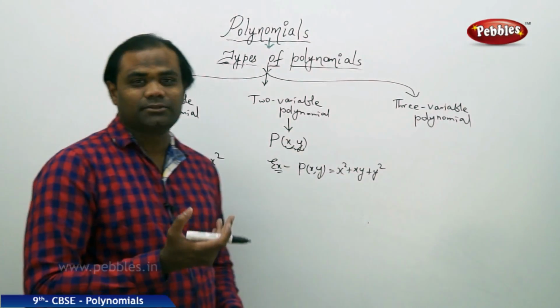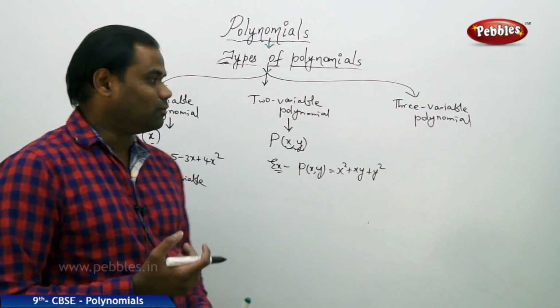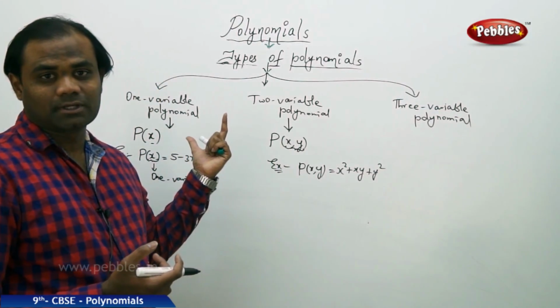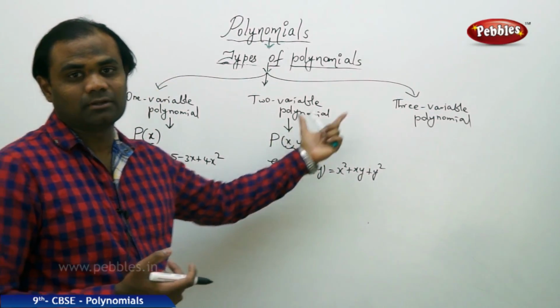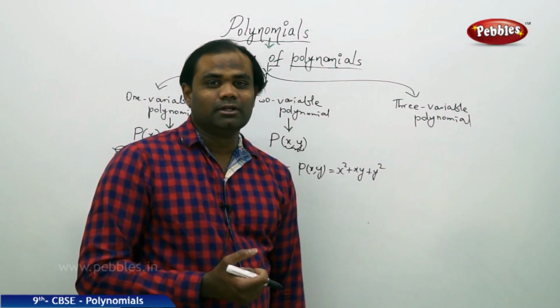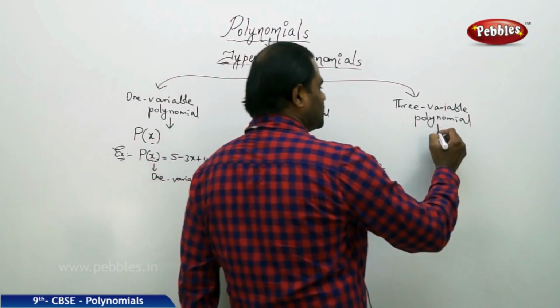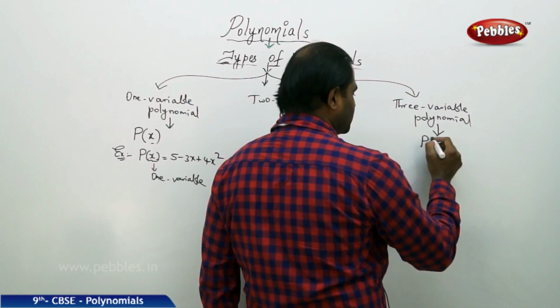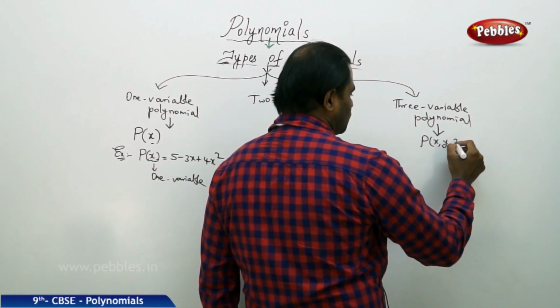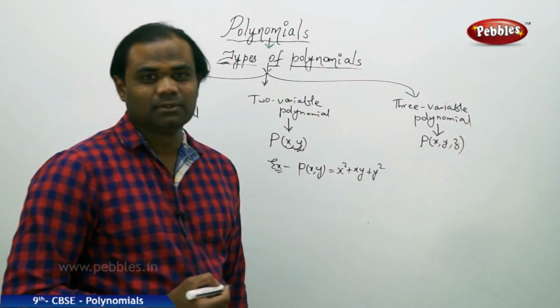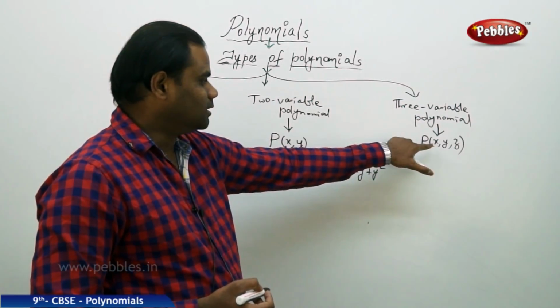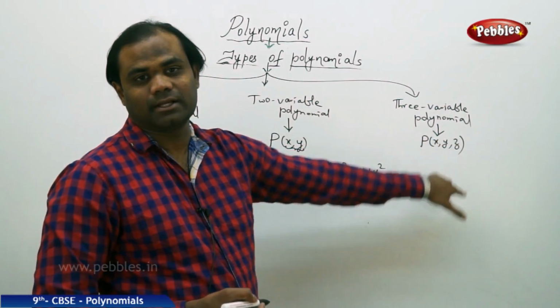Next, let's see a 3 variable polynomial, followed by the 2 definitions coming from 1 variable to 2 variable and then 3 variable. It is quite obvious that a 3 variable polynomial would be defined as p of x, y, and z. The 3 variables identified here are x, y, and z.